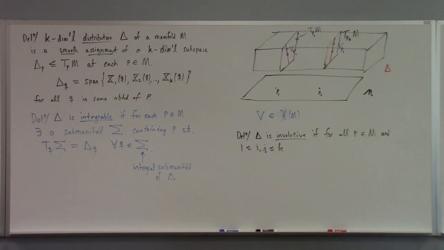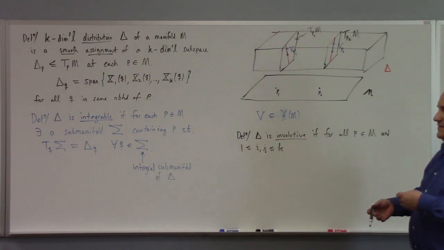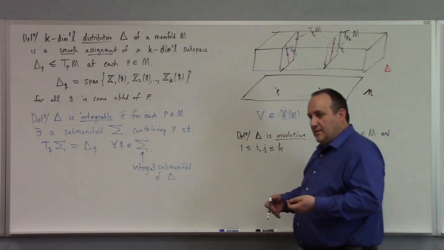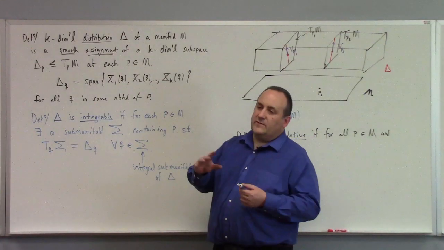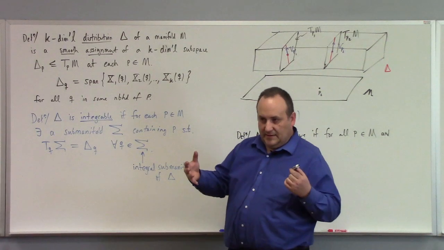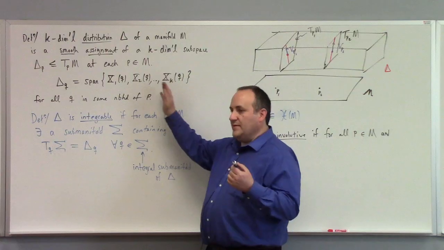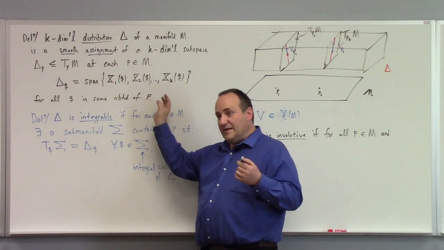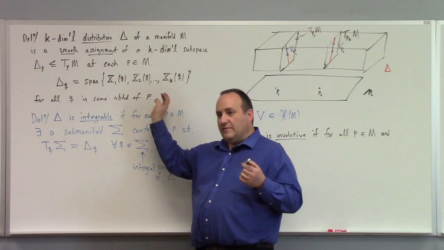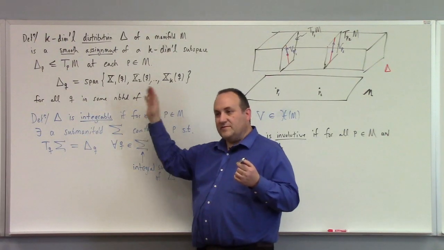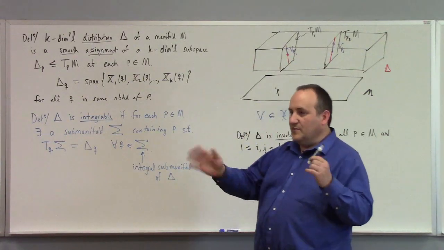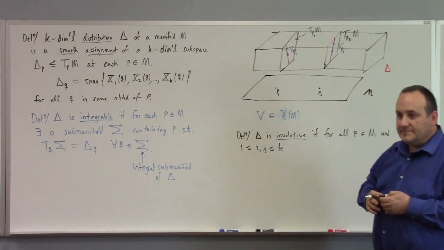So going forward, we're going to think of a distribution in terms of the vector fields which generate it. The tricky thing is that's a local idea. It might not be possible to have the same set of vector fields generate the distribution over the totality of the manifold. You might need to change your generating vector fields at different locales. So that's probably what's stopping us from just saying, assume it's a set of vector fields, period. Yeah, that makes it not smooth.